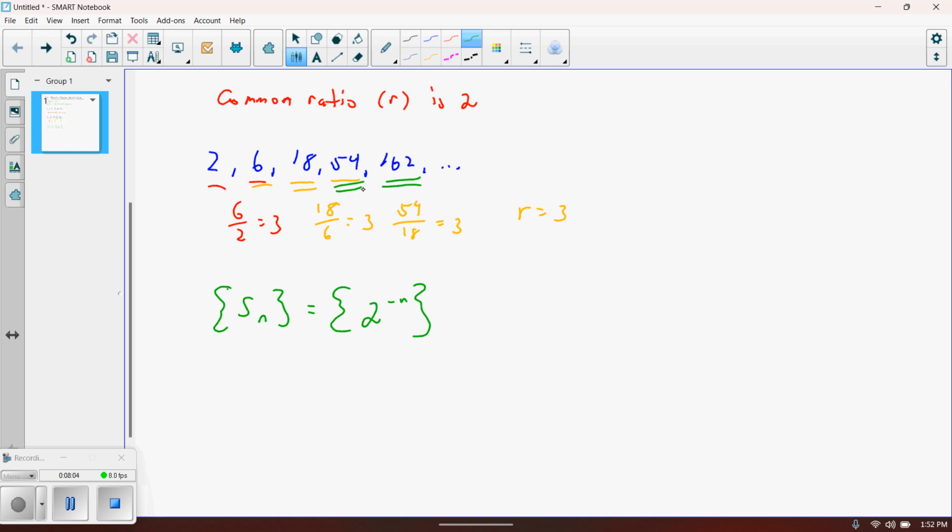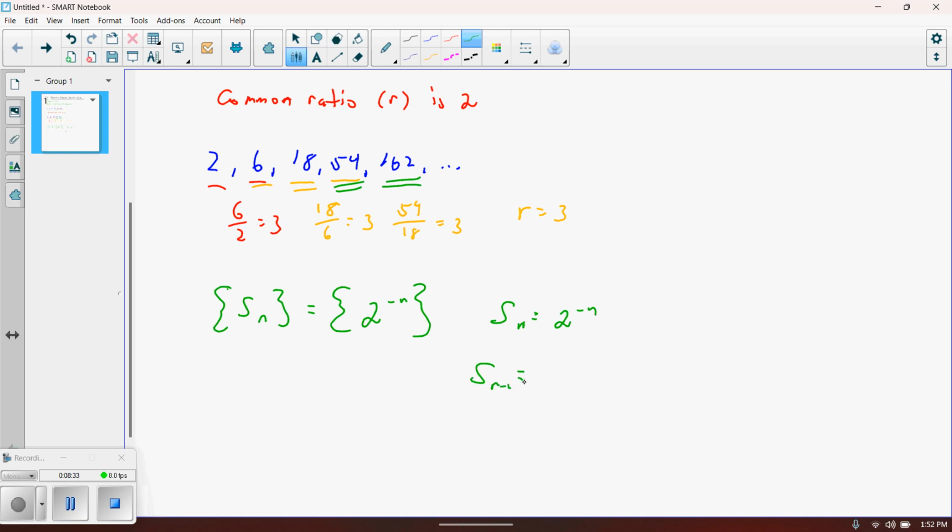So what we can do instead to figure out whether this is geometric and whether it's got a common ratio is to simply say, I have the nth term. They've given that to me. They gave me 2 to the negative n. That is the nth term. The n minus 1 term, however, we could write out. So we're going to say that the nth term is 2 to the negative n.